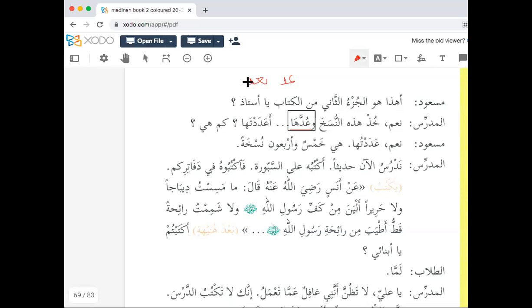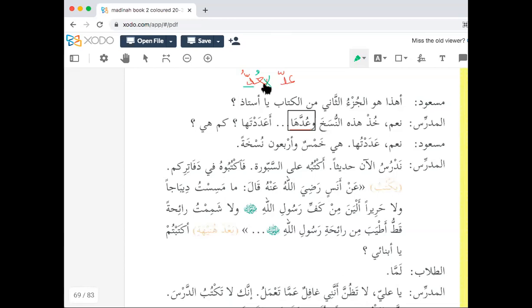'Adda, ya'uddu, which is the fi'l mudari'. And if you want to make fi'l amr, then what do you do? The first thing, as usual, you take away the harf al-mudari'ah. Then you are left with this. Since there are two letters over here, you can't make it a sukoon because this will be two sukoons together.